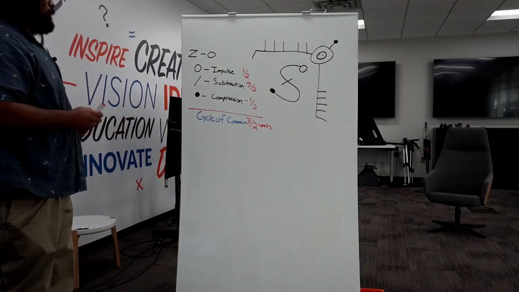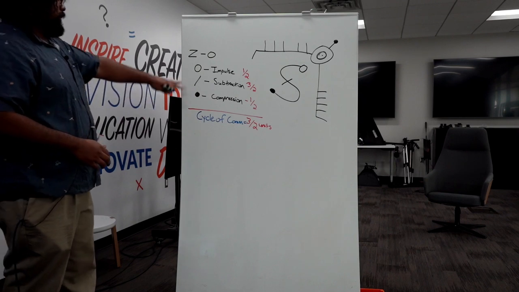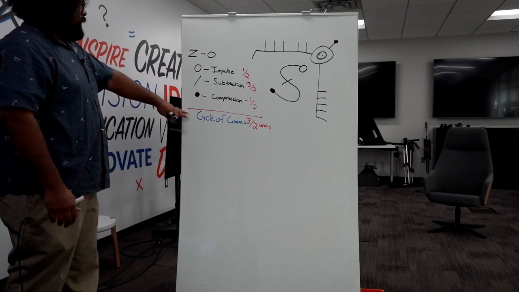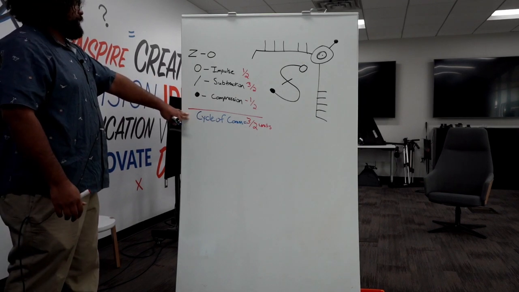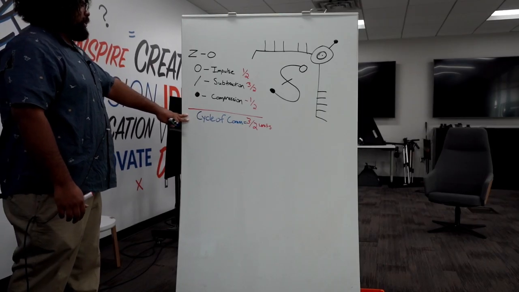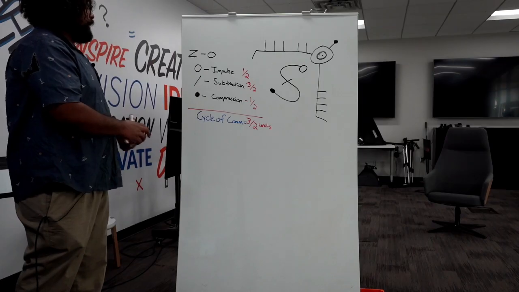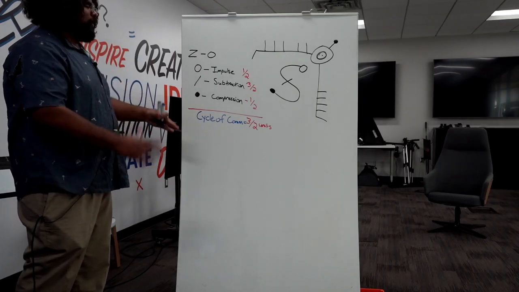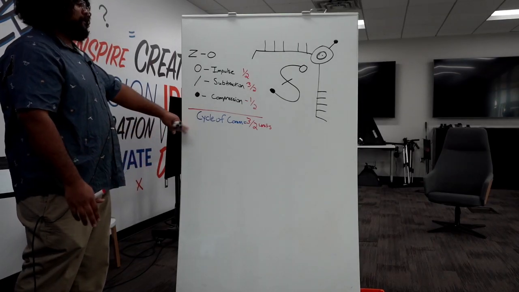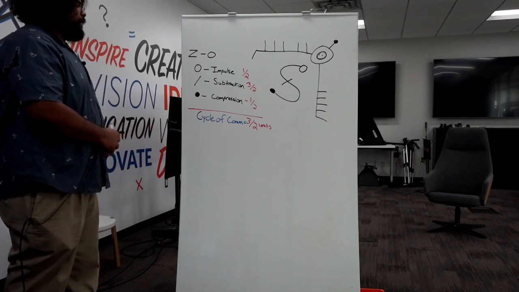And if you just compare the definition of the cycle of communication, it is the amount of information that's being compared. So we can define a cycle of communication overall to contain about 3 halves units of information.